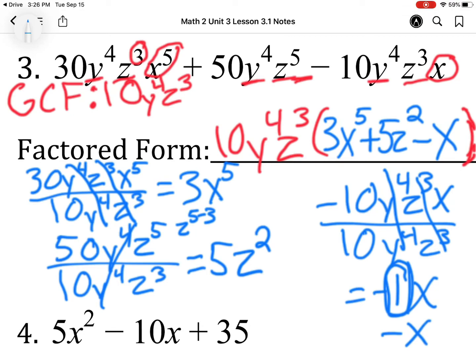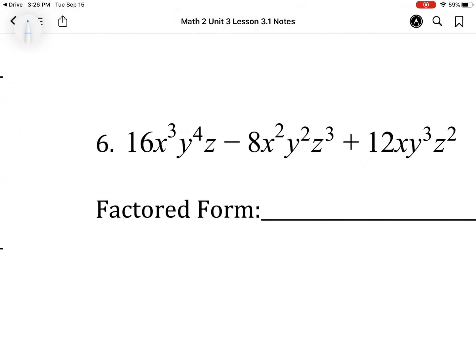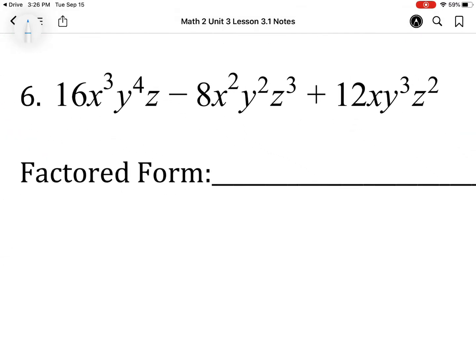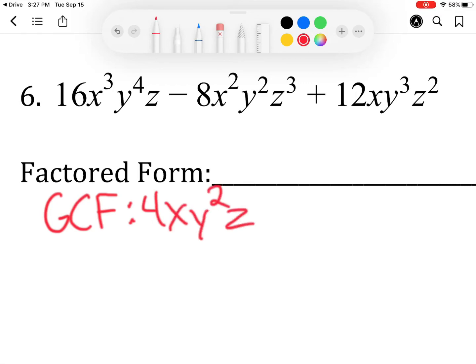Going on. So pause the video and attempt number 6. You should have gotten your GCF for x, y squared times z.